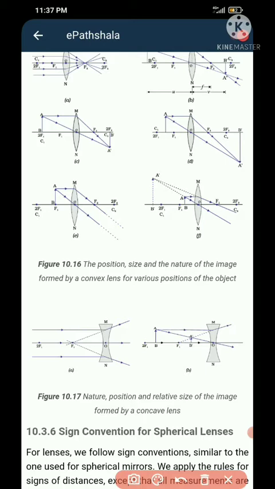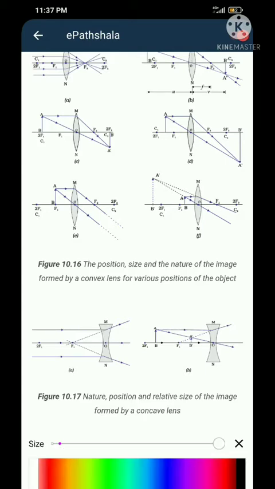Last case, when the object is placed between f and the optical center. Here your object is placed here, and same, when one ray passes through the optical center, another is parallel. The parallel ray after refraction passes through the focus, so they do not meet here; the two lines are going apart, so there is no chance to meet here, so there is no real image.